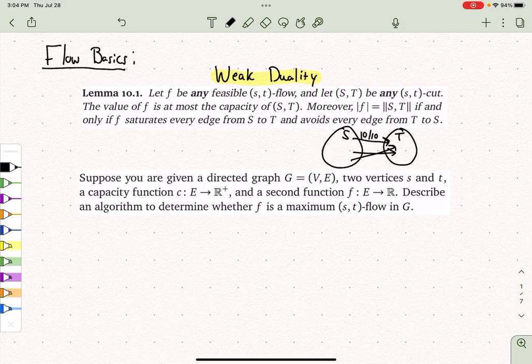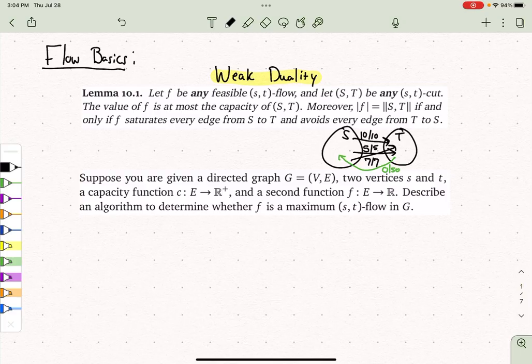So if these had capacities as follows, then F must be fully using them. And for any other edges that go from T back to S, we know these are completely avoided, so the flow uses 0 out of whatever was possible. That's the image you want to keep in your mind when reasoning about min cuts versus max flows.